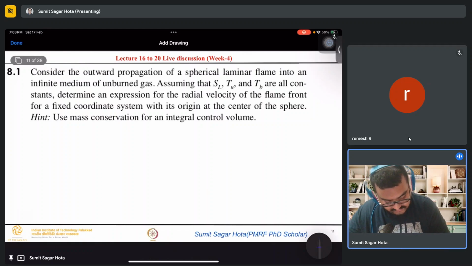Consider the outward propagation of a spherical laminar flame into an infinite medium of unbound gas. Assuming SL, TU and TB are all constant, determine the expression for the radial velocity of the flame front for a fixed coordinate system with its origin at the center of the sphere, with mass conservation for an integral control volume.